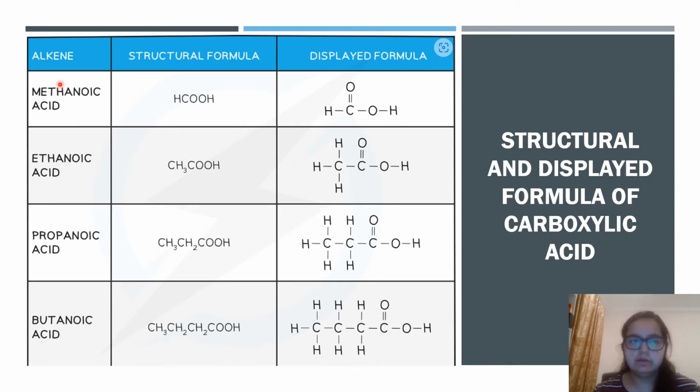And in the name, you can know it is a carboxylic acid because it has the "oic". Same over here in the structural formula: wherever you see COOH, it means that it is a carboxylic acid.